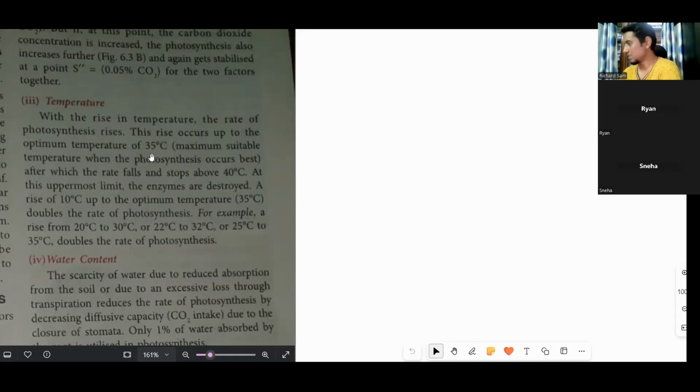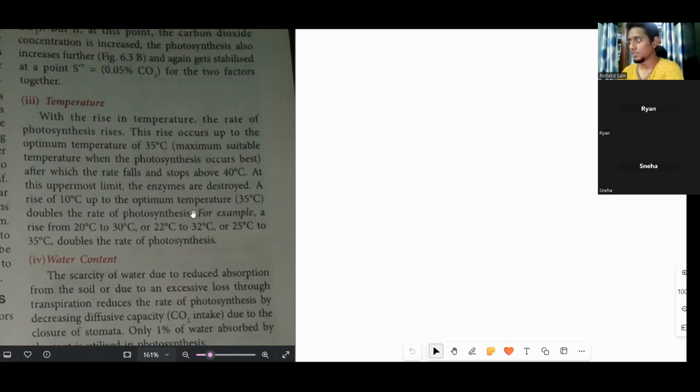After 35 degrees Celsius, even if you increase the temperature, the rate of photosynthesis will not increase. In fact, if the temperature goes above 40 degrees Celsius, the rate of photosynthesis will decrease because it's too much temperature. The enzymes get destroyed and the rate of photosynthesis will decrease.